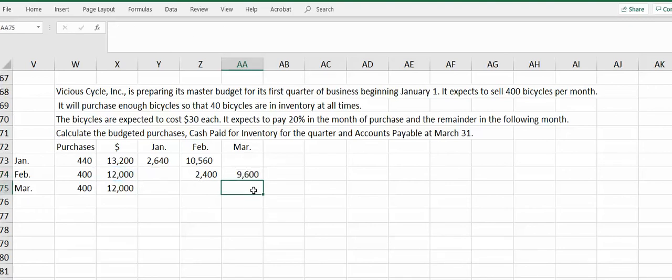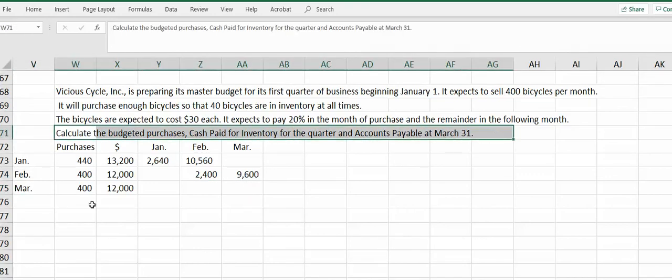And then again, if I were to ask you what's your accounts payable at the end of February, your payable amount is what you haven't paid yet and will pay next month, which is your $9,600. So now let's go into the paying of March's, and then we can get the answer to this question here, or these items here.